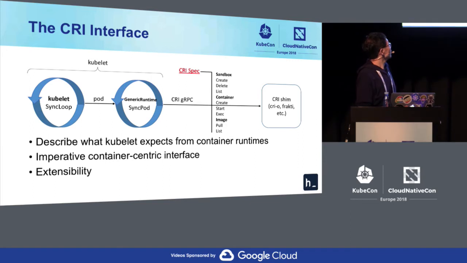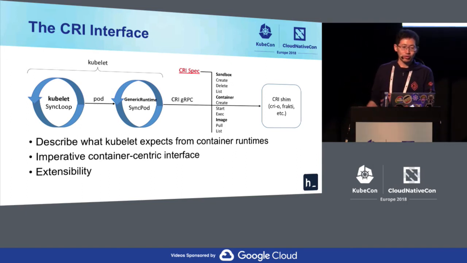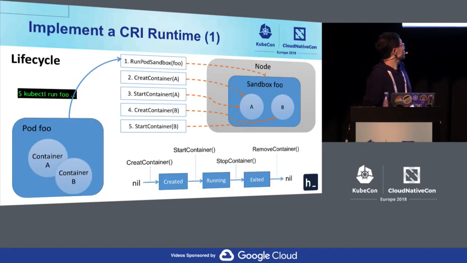So after the CRI became the default interface from the kubelet to the container runtime, we just need to maintain this interface, and you can implement your own container runtimes for the kubelet. Some are for traditional containers, and others maybe for virtual machines, such as Kata Containers.